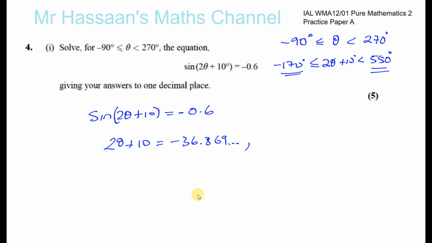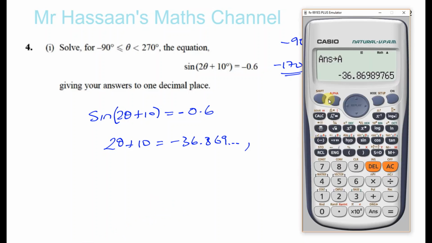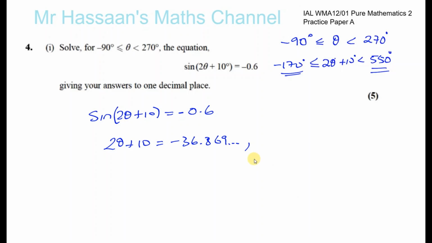So we do 180 minus this answer, which will give us 216.869. That's within our range. Both of these are within our range. Even if one wasn't, we would still use it, because you can use these to generate all the other solutions.